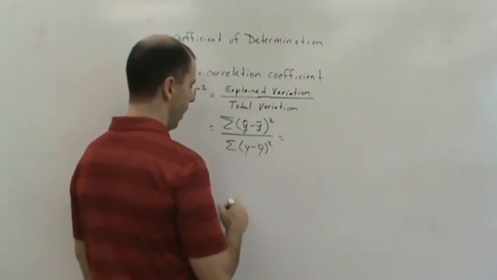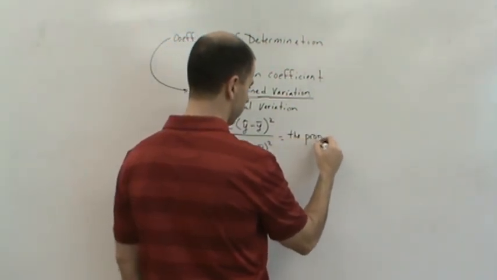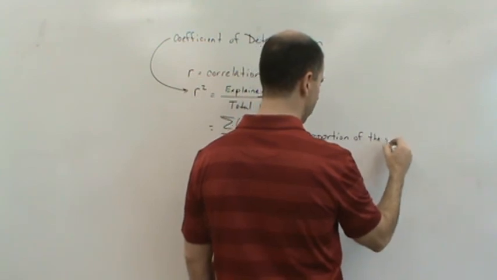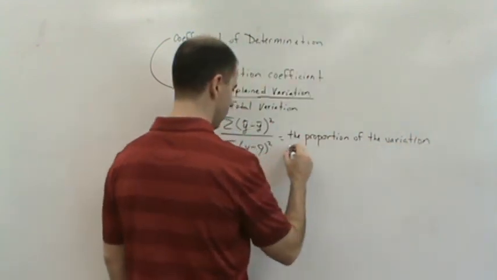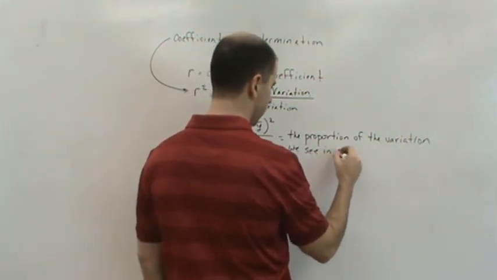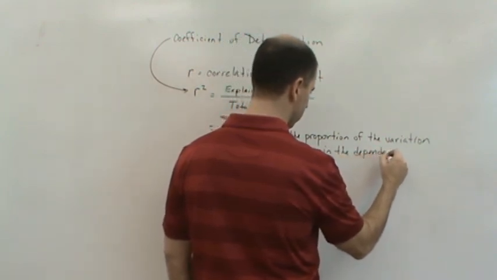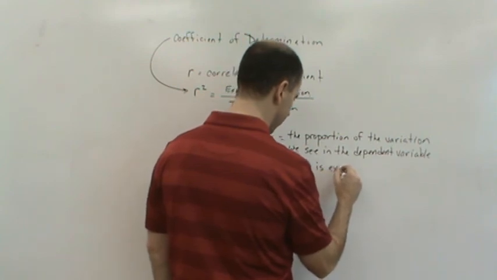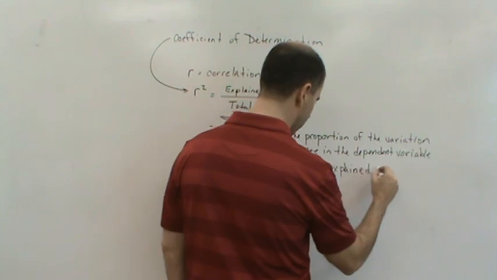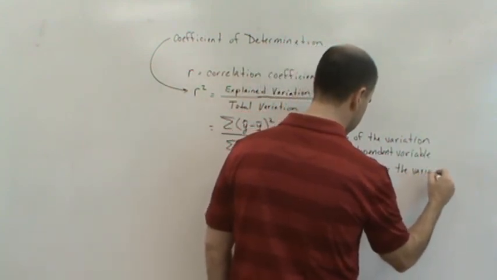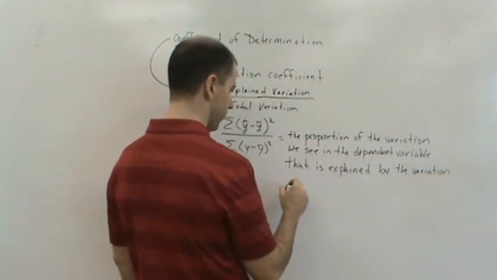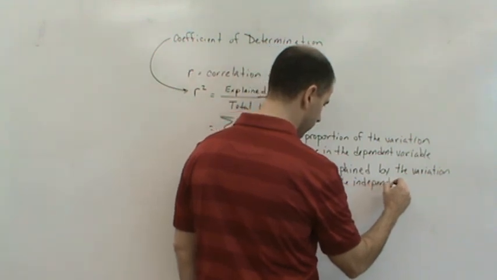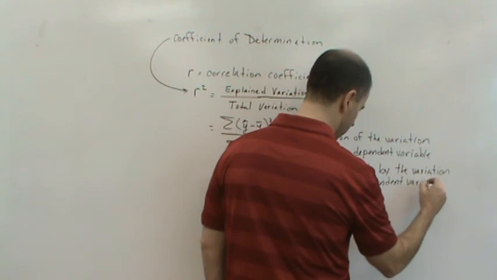So now here's what it means. R squared will tell you the proportion of variation we see in the dependent variable that is explained by the variation we see in the independent variable.